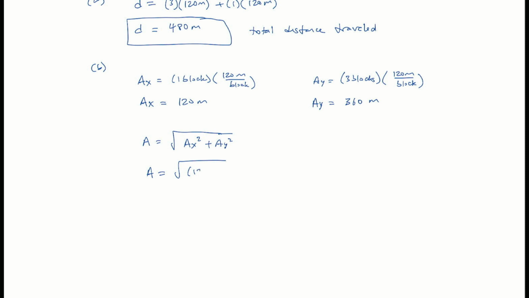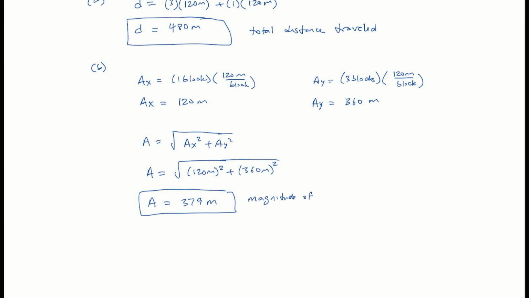So we're going to have 120 meters squared plus 360 meters squared. And so this gives 379 meters. So this is the magnitude of the displacement.